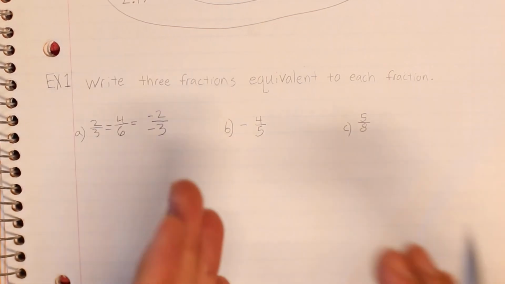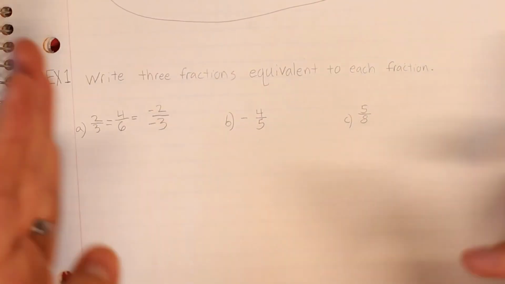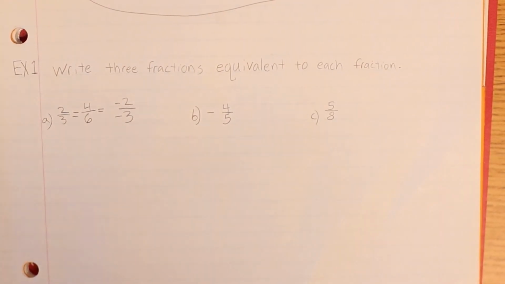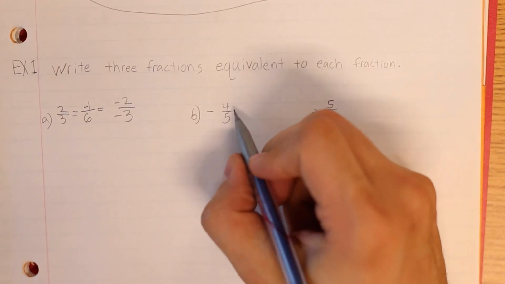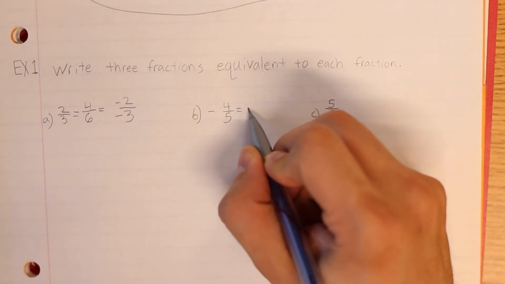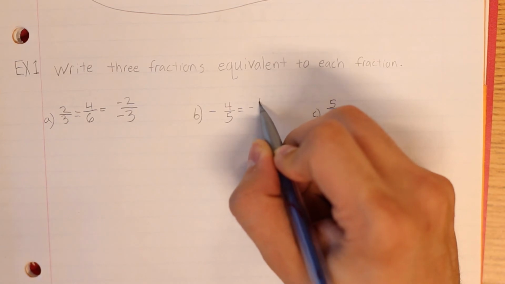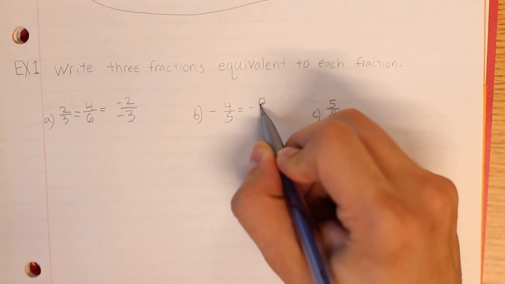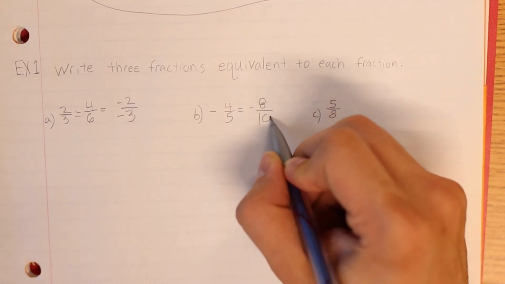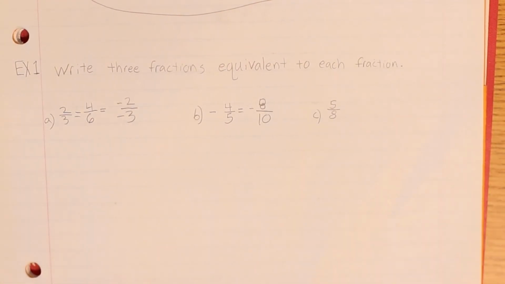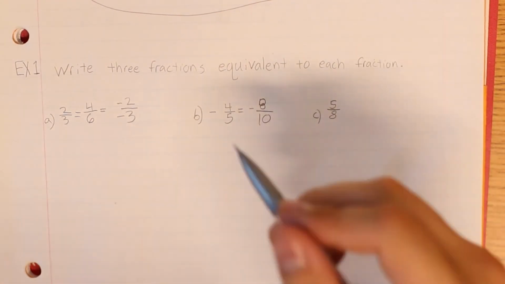Okay? And that brings us to another point we need to make. Look at this fraction right here. I have -4/5. You, of course, could write that as an equivalent fraction. You could say it's -8/10. You see, we just increased it, but it's still the same.